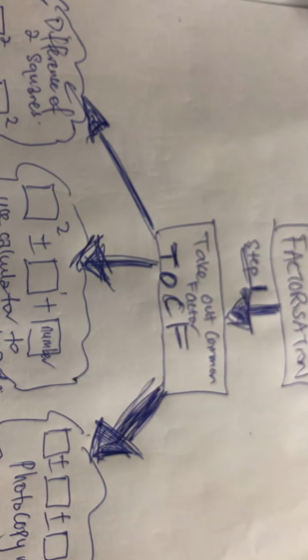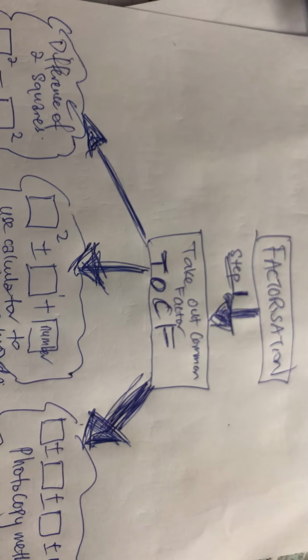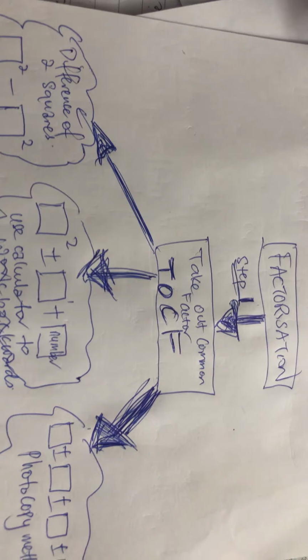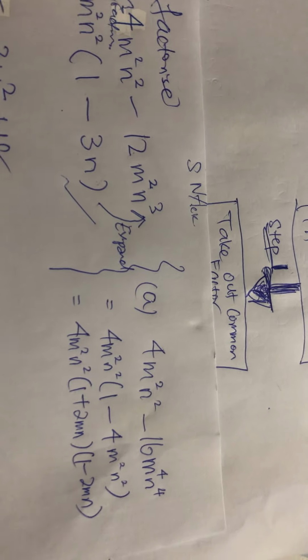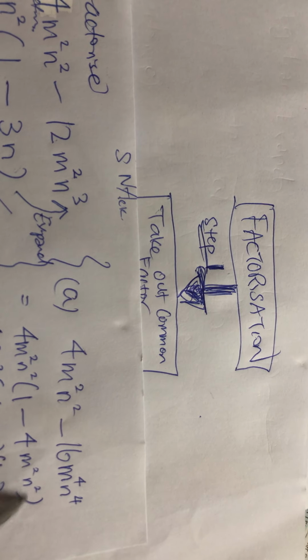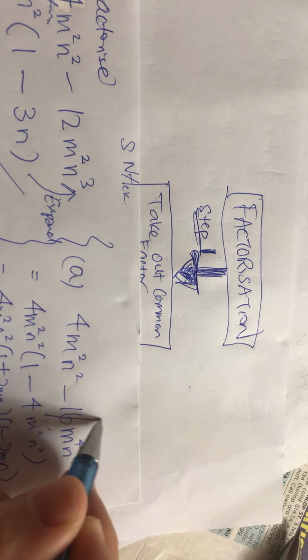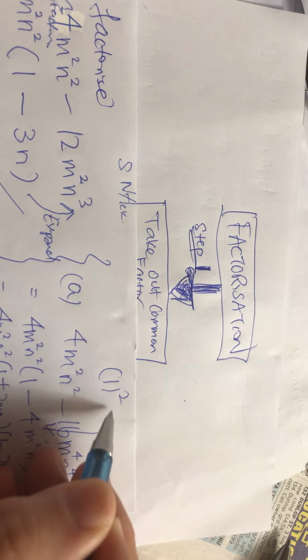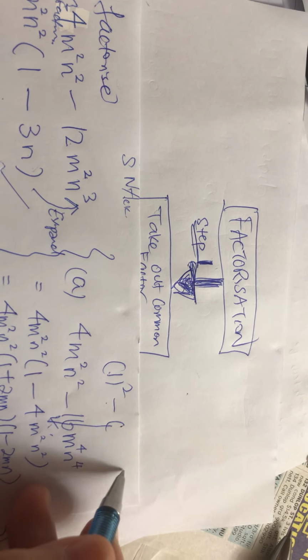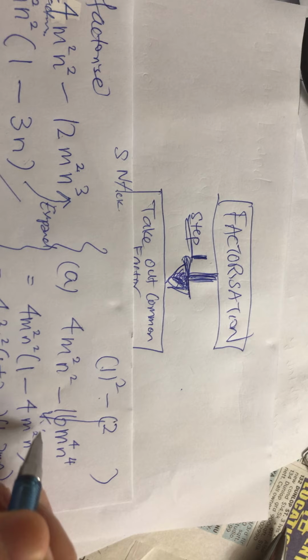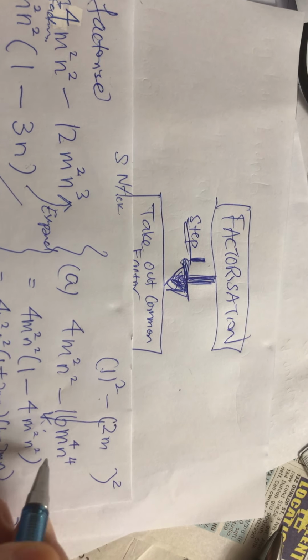We can still continue, because there is a difference of 2 squares here. What's the difference of 2 squares? After doing step 1, which is taking out common factor, you find that there is a difference of 2 squares here, because I can rewrite this as 1 square minus 2m square and n square.